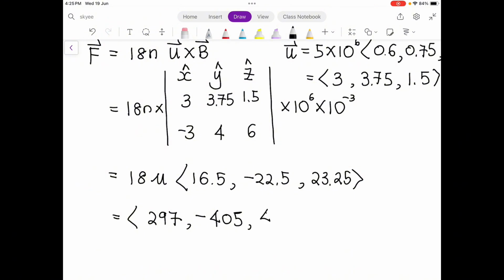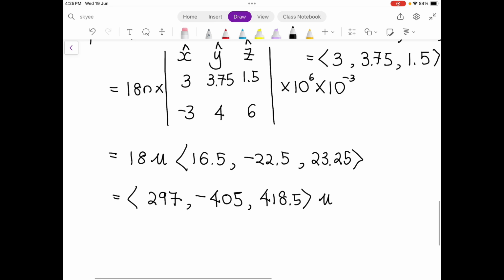So it's 458.5, and this is micro. So you have to square all to get the magnitude.